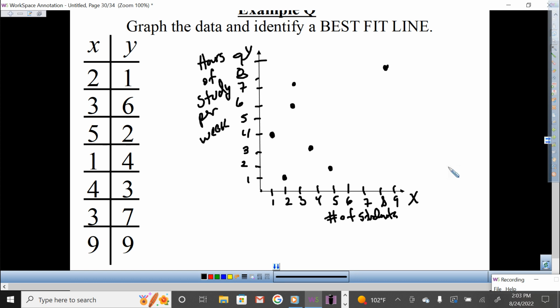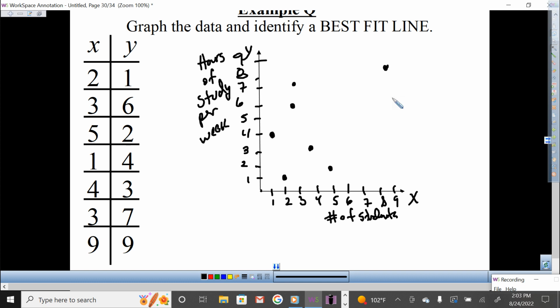Okay, so I hear a little bit of debate on this one. Some of you went with no association, but the one that messes that up is this one. This is what we call an outlier. So the outlier is way over there, but it's still showing us that this data is going in which direction?